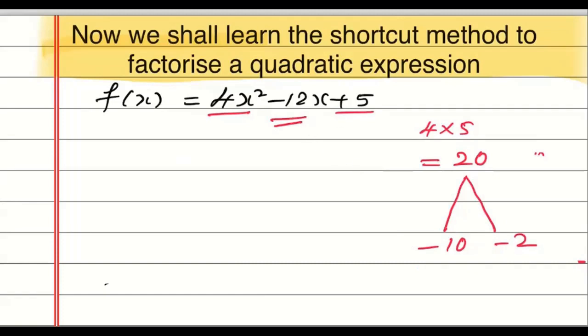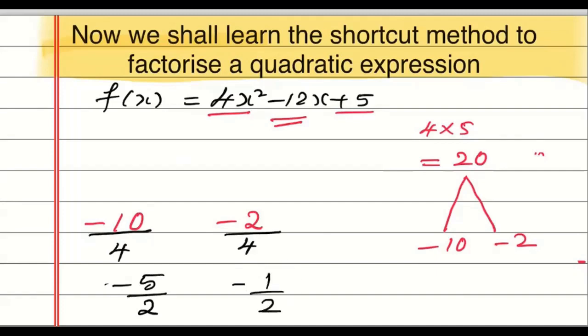Now, the last step you write. Now, please don't change the signs. Write these numbers and divide them by the coefficient of x², that is 4. So now you get minus 5/2. Keep the negative sign for the numerator. Minus 2/4 becomes minus 1/2.